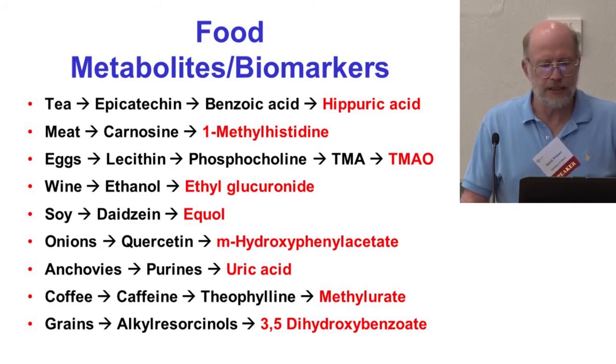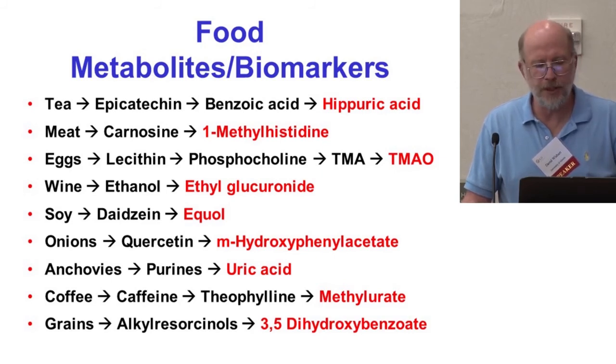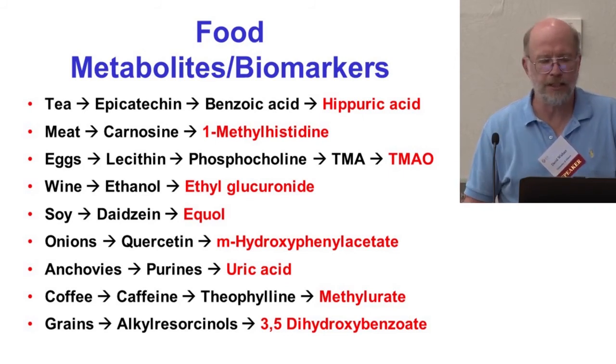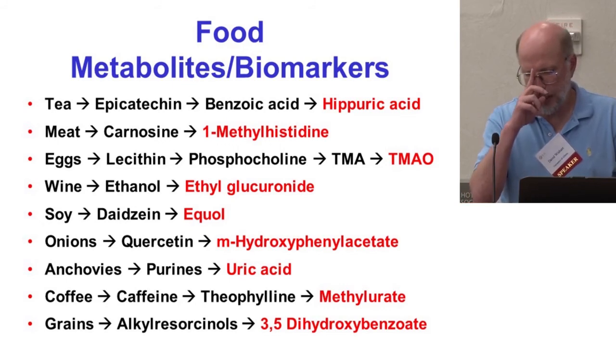If we ate meat, as most of us did this afternoon, the meat will be decomposing into carnosine, which will then produce methylhistidine, which is a marker for meat consumption. Eggs have lots of lipids. That lecithin is broken down to phosphatidylcholine, eventually to trimethylamine, and finally to trimethylamine oxide, and so on down the list. So the things on the left are essentially the foods. The things in red are essentially the biomarkers, and many of them, as I say, are transformation products.